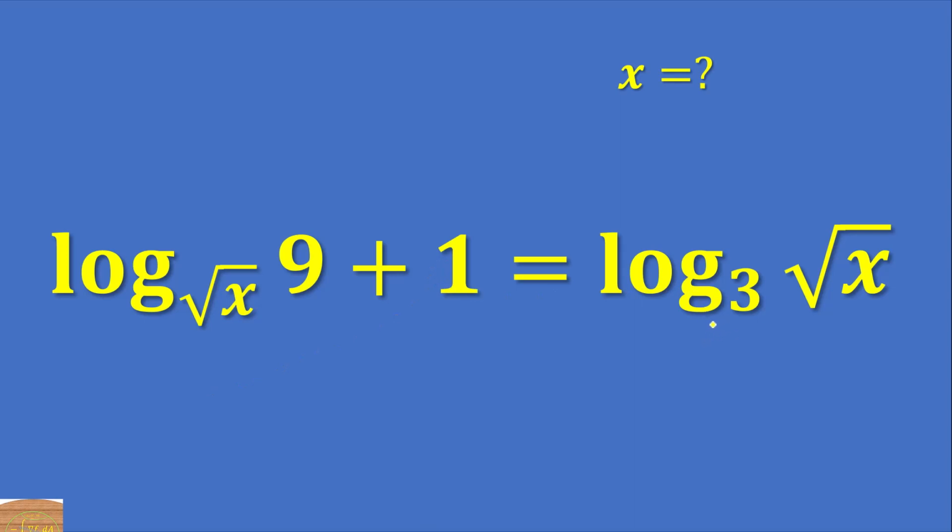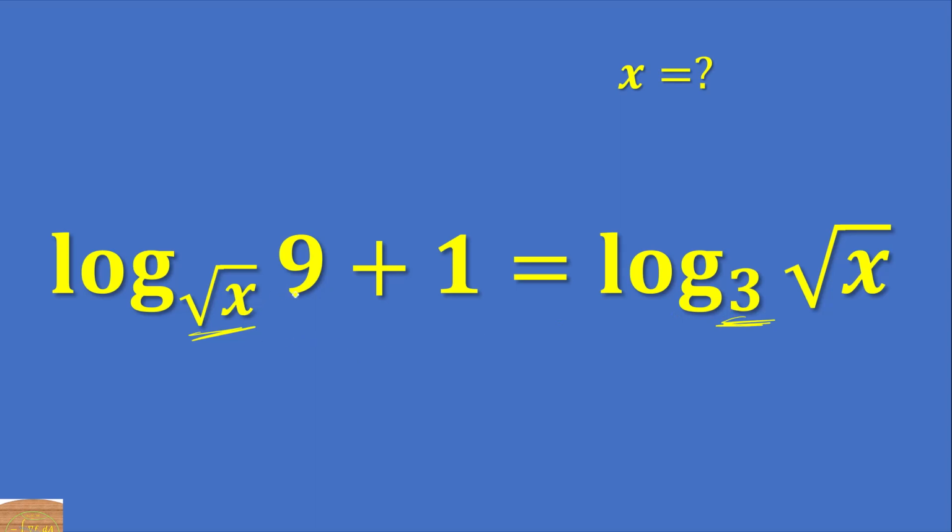Right, so let's observe the question very carefully. So we have the base here to be root x and the base here to be 3. So the bases are not equal. So what are we going to do? We have to make sure the bases are equal. All right.